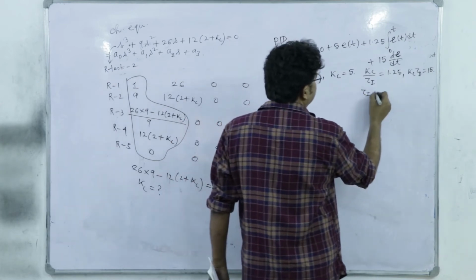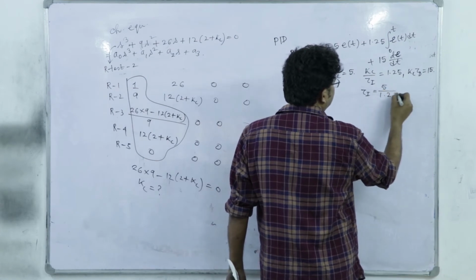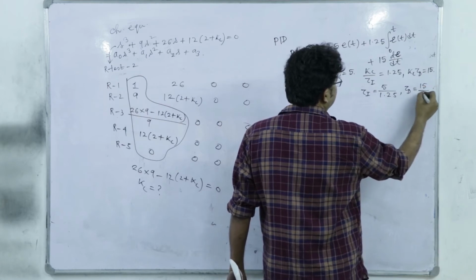So tau I is equal to 5 divided by 1.25, and tau d is equal to 15 divided by 5, which is 3.